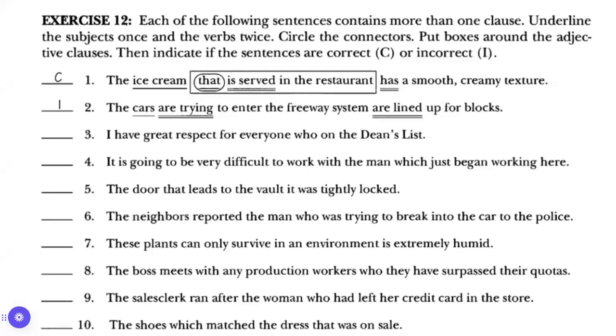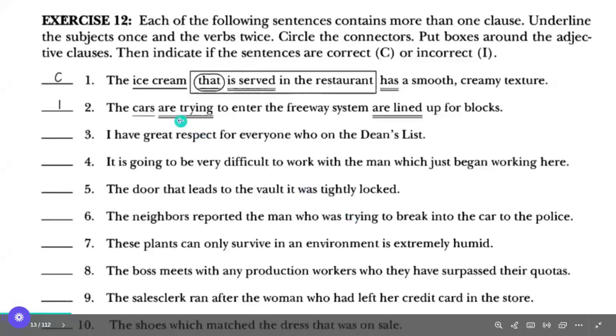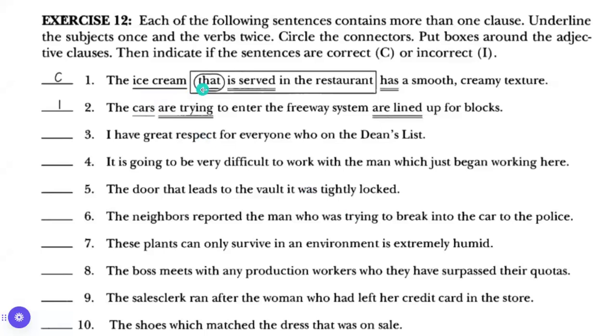Let's do this exercise. It says, the ice cream that is served in the restaurant, that is the subject, verb is served. The ice cream has a smooth texture, subject, verb. Thus, correct sentence. Number 2.